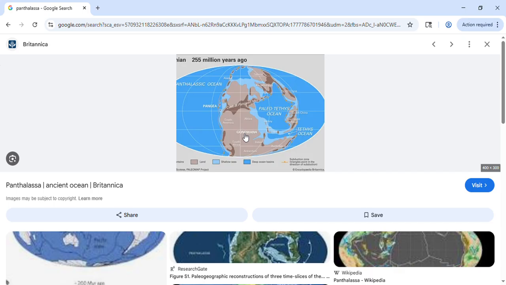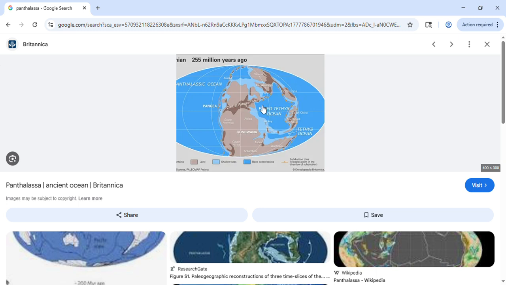The next question, how do we measure the rate of plate movement today? Scientists use GPS, satellites and space geodesy to measure movement in millimeters or centimeters per year.